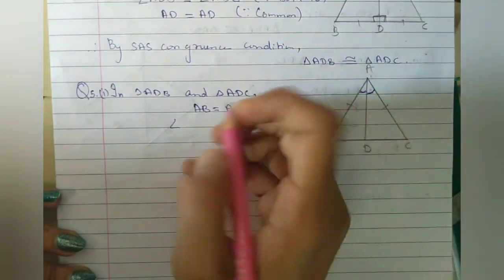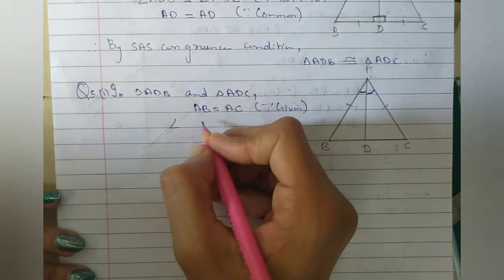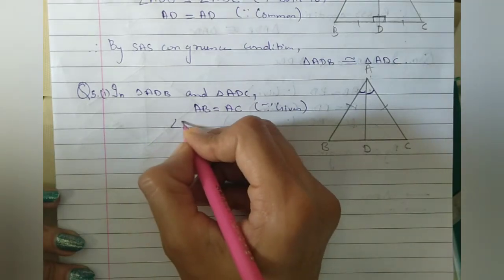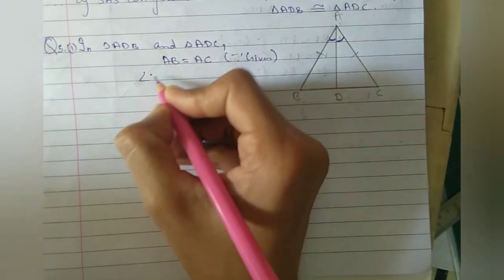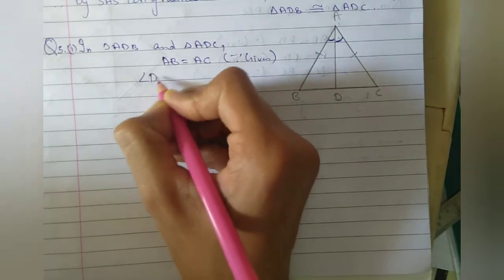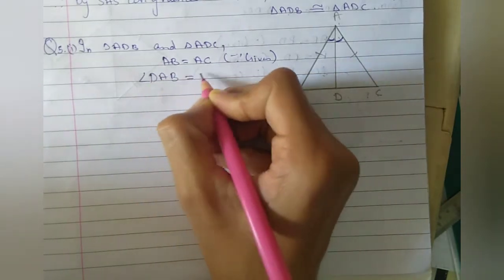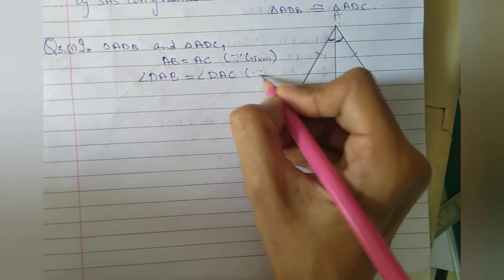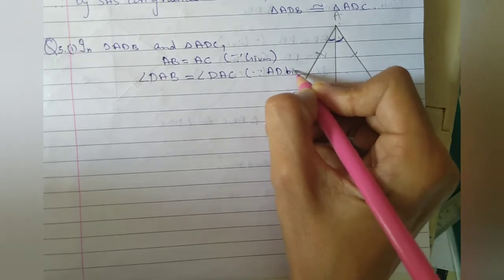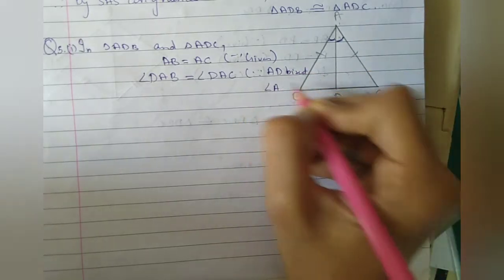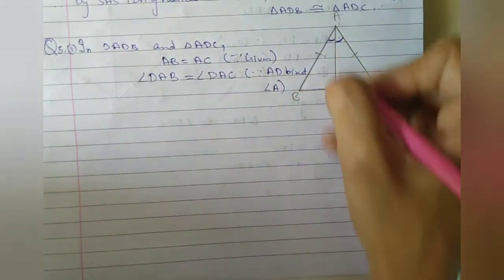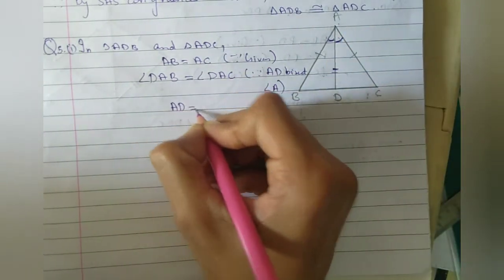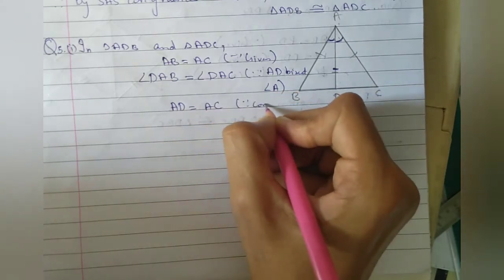Because AD bisects angle A. So angle DAB equal to angle DAC. Okay, and last one, AD is common in both triangles, so AD equal to AD, common.